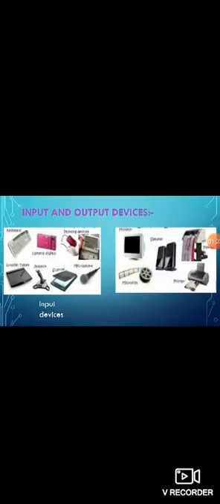So this keyboard, graphical tablet, digital camera, pointing device, microphone, scanner, these are the input devices, and monitor, speaker, plotter, printer, microfilm, these are the output devices. And using these devices our computer works. Okay, each device has a specific function.